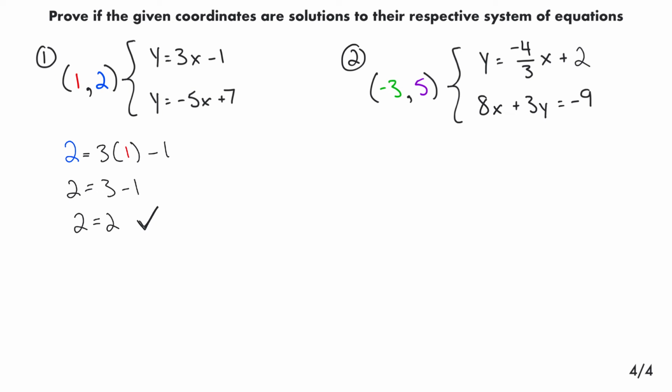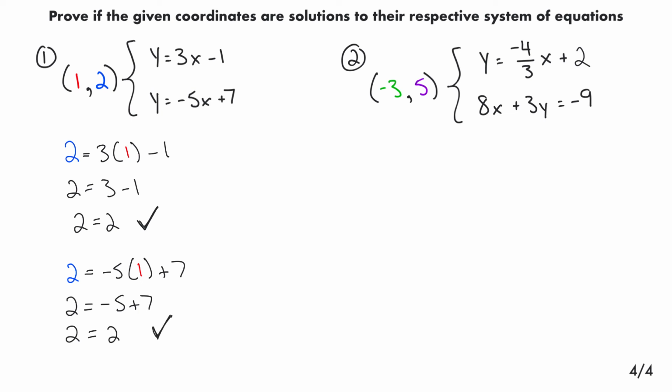Then I've got to do the same exact thing for the second equation. 2 is equal to negative 5 times 1 plus 7. 2 is equal to negative 5 plus 7. 2 is equal to 2, so it works here as well.